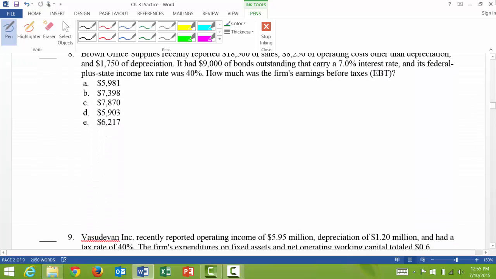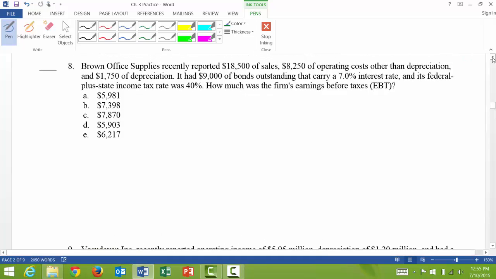And so if we go to question 8, Brown office supplies has this amount of sales, operating costs, depreciation, bonds outstanding with a 7% interest rate, and its tax rate is 40%. And it says how much was the firm's earnings before taxes, so just EBT.